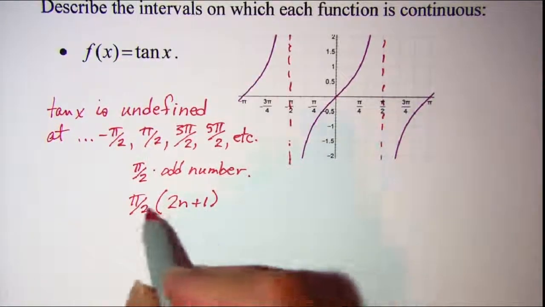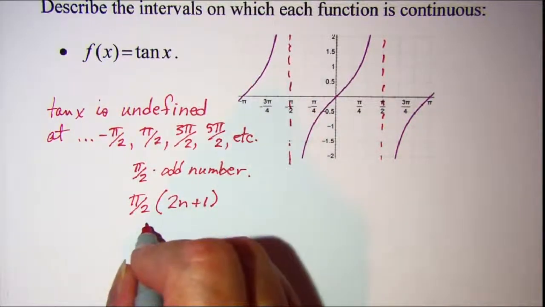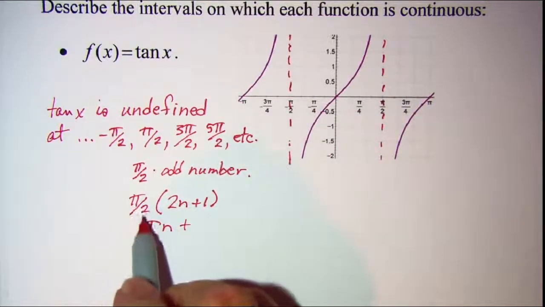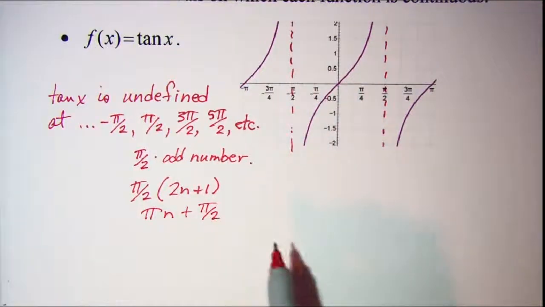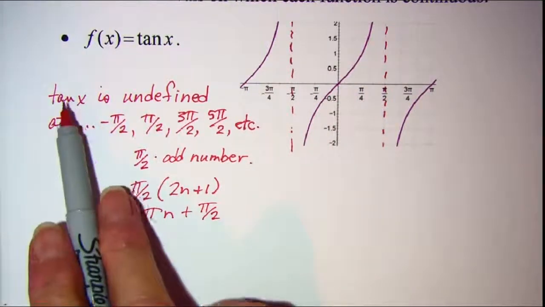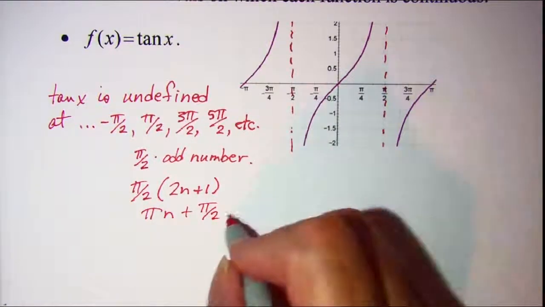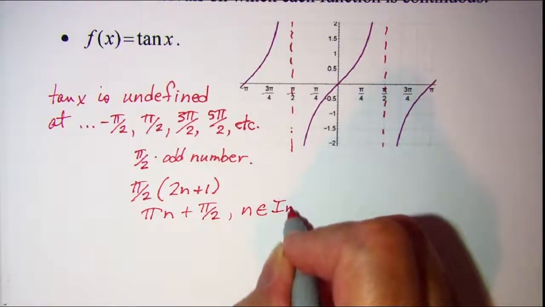So let's simplify this a little bit. Pi over 2 times 2n is pi times n, and then pi over 2 times 1 is pi over 2. So we have tangent of x is undefined at these values for n an element of the set of integers.